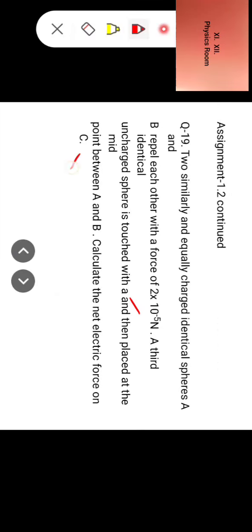Calculate the net electric force on sphere C, how it experiences the force.